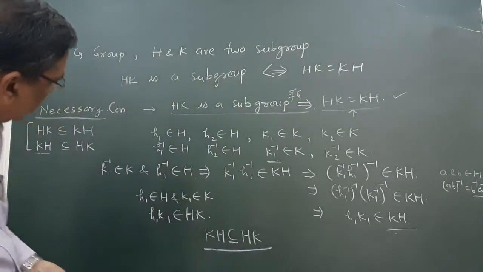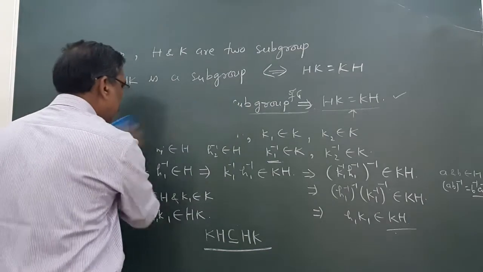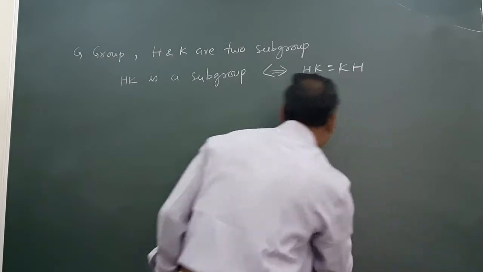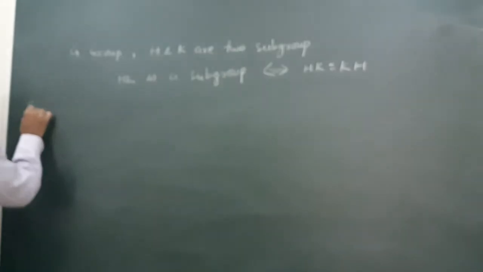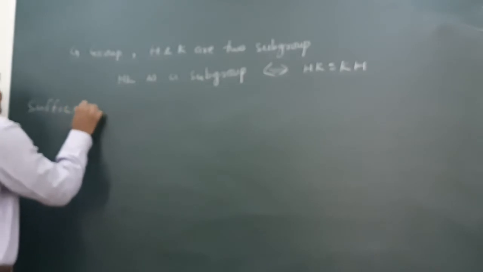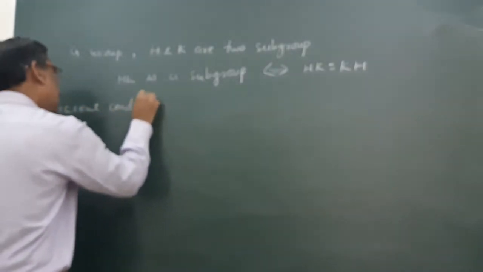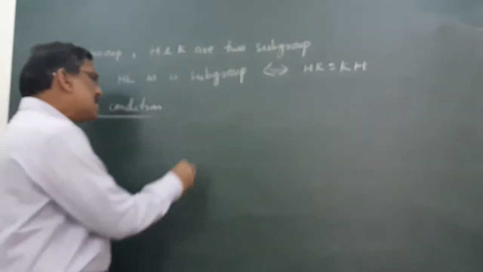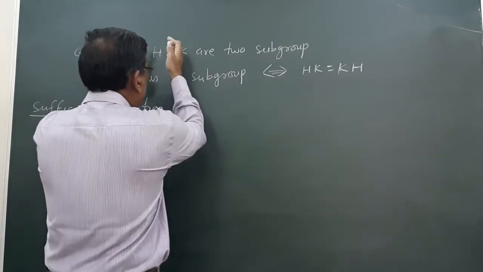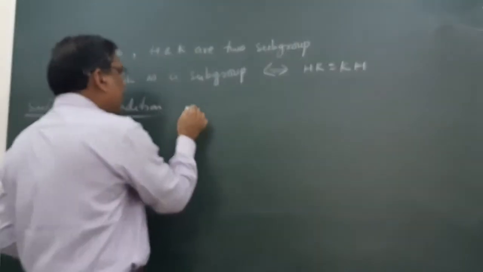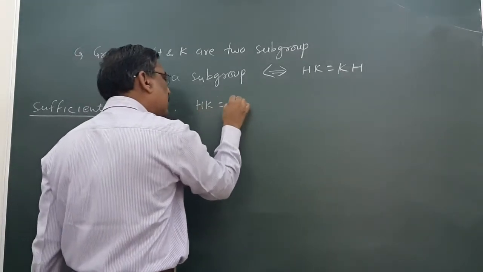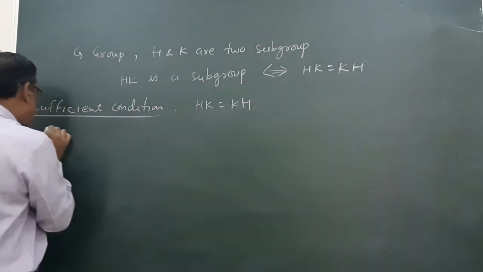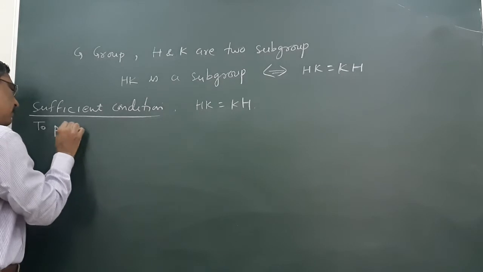Now for the sufficient condition. What is the sufficient condition? We are given G is a group, H and K are two subgroups, and we are given HK is equal to KH. This is given to us, and what is our target?